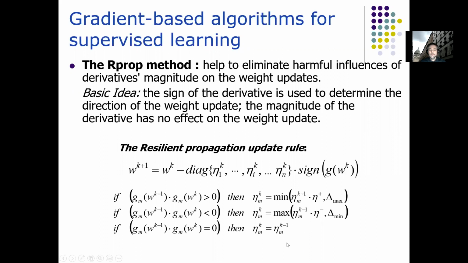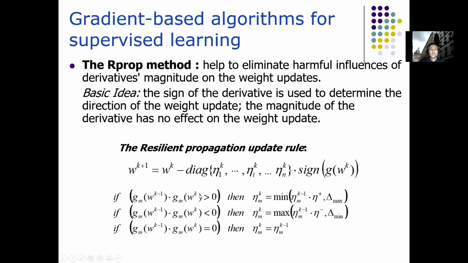And it uses a scheme which compares derivatives: the vector of derivatives calculated at W_k, and the derivatives calculated at W_{k-1} on the previous iteration. So it compares these two derivatives and checks whether there is a change in their sign.